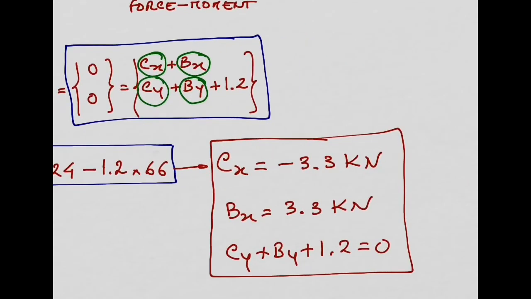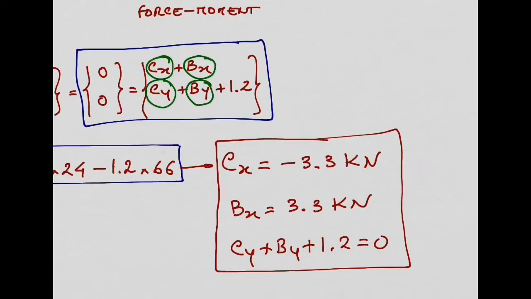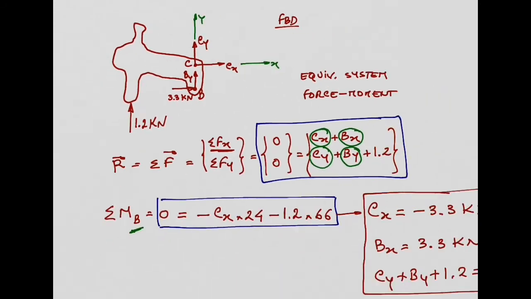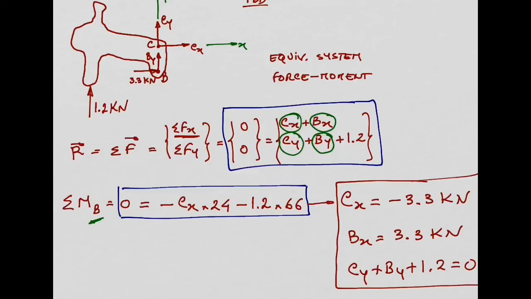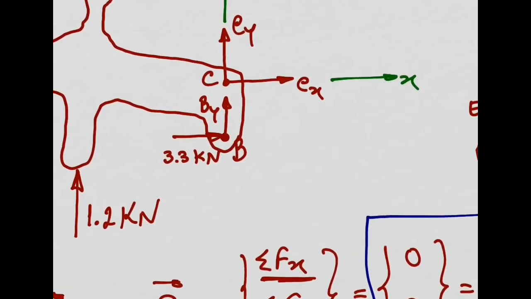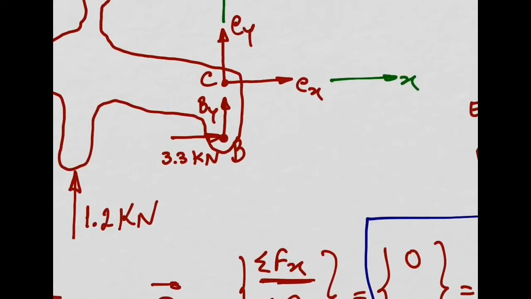We got Cx minus 3.3. It means my initial orientation for Cx was wrong. So what I have to do is reverse Cx. So Cx is going to be in the opposite direction, to the left, like this. And this is going to be 3.3 kilonewtons.